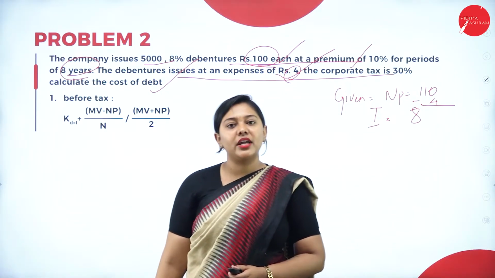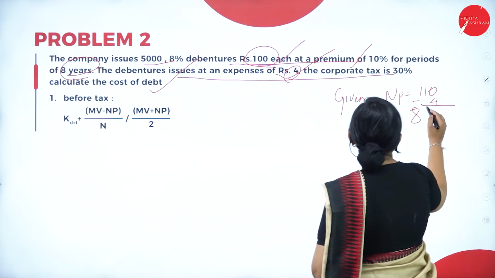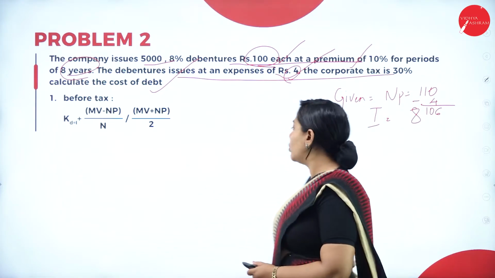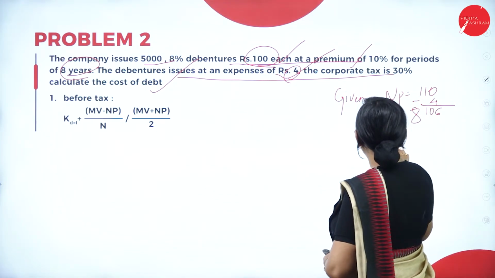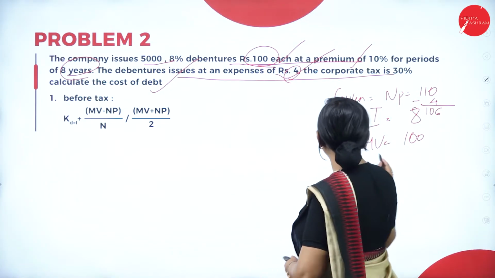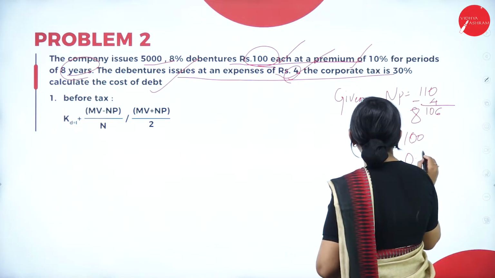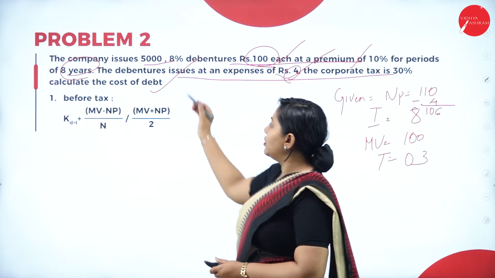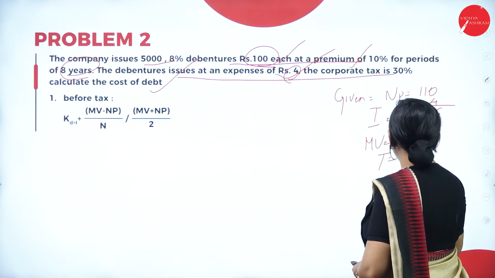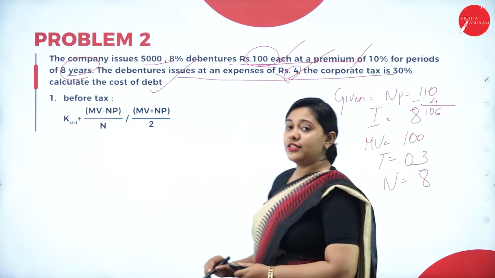So 110 minus 4, it will be 106 rupees. So 106 rupees is the net proceeds. Maturity value will be 100. Tax rate is 0.3. Number of years is 8 years.